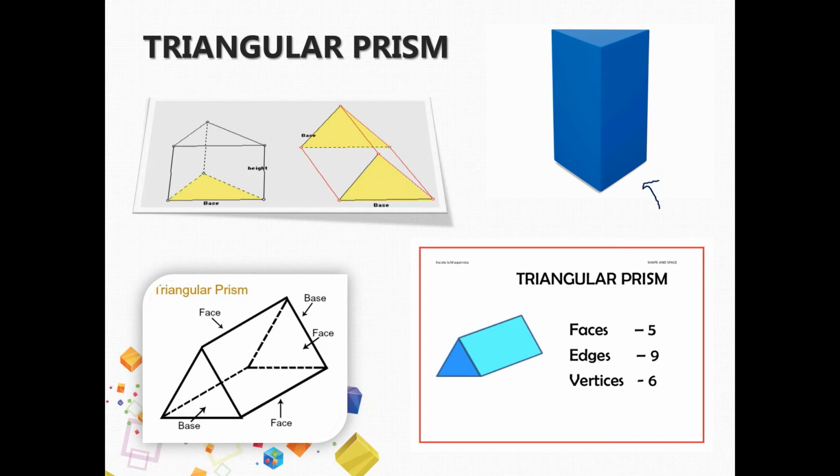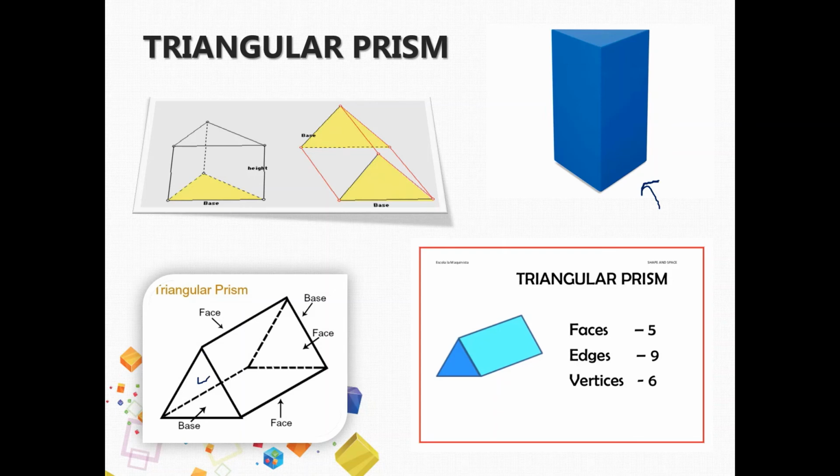So the name is triangular prism. But if the base is not a triangle and it's a hexagon, then we may say it is a hexagonal prism. So you will come across more prisms which look slightly different according to the base that they have. So here the base is a triangle, right?